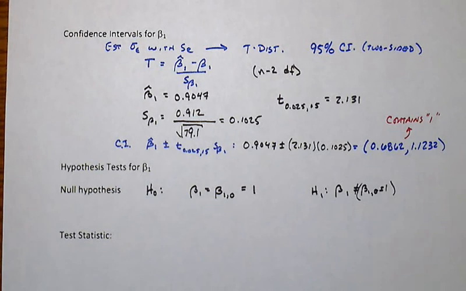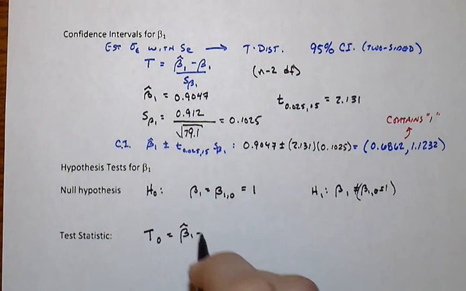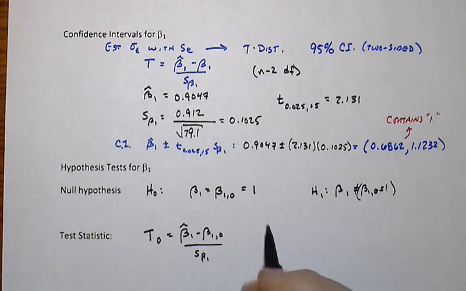And so the test statistic that we're going to look at is once again the t, in the nomenclature from the text, beta hat minus beta 1 comma 0, and in the denominator I'm just going to directly put our standard deviation for that parameter.